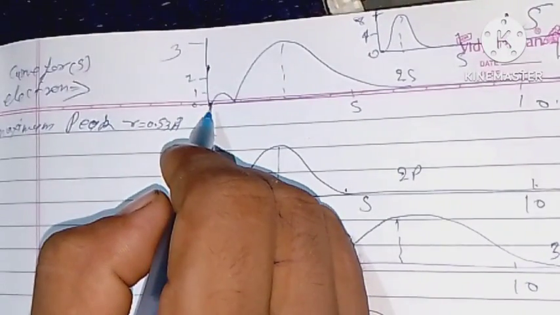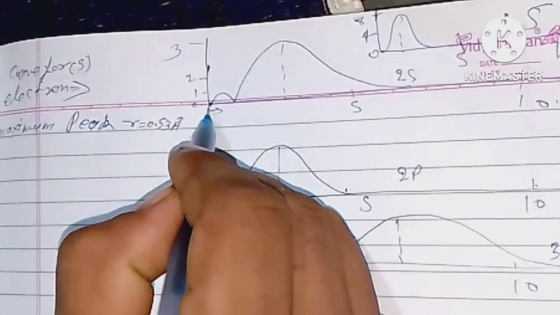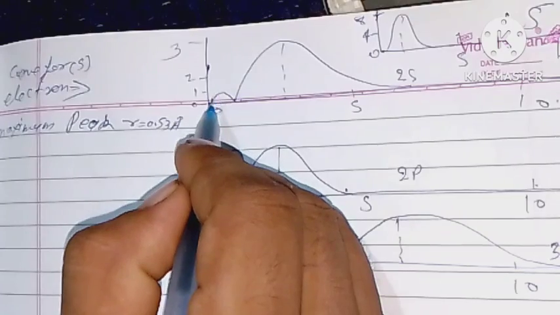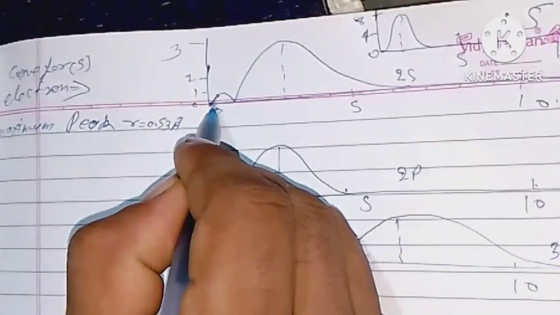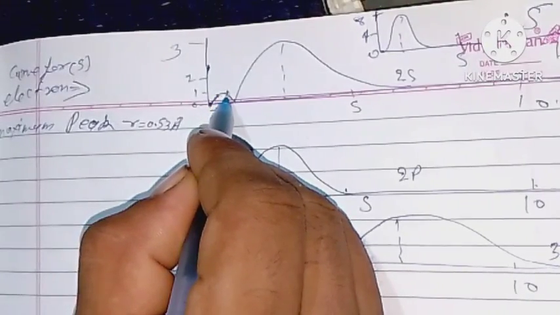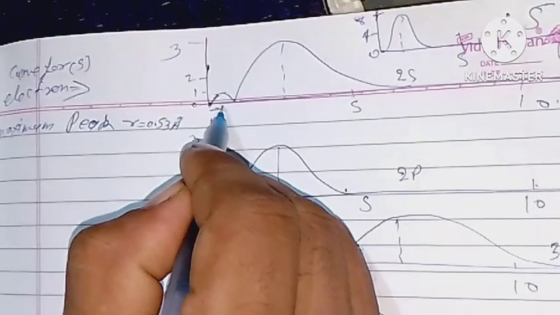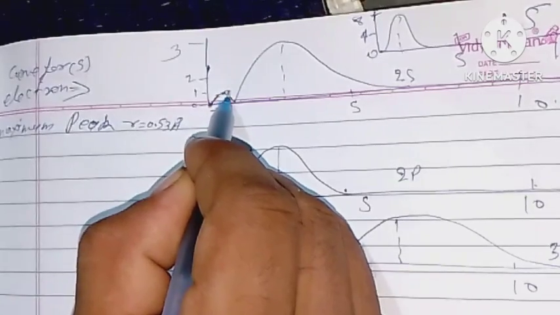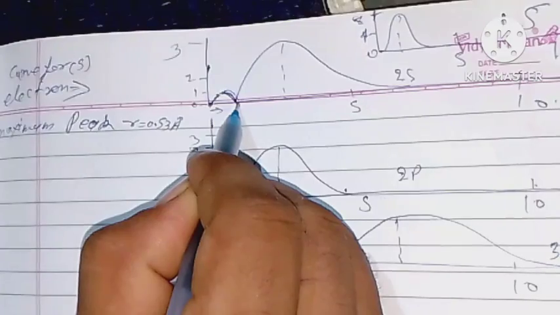The probability starts increasing as the value of r increases, passes through a small maximum, and falls to zero.